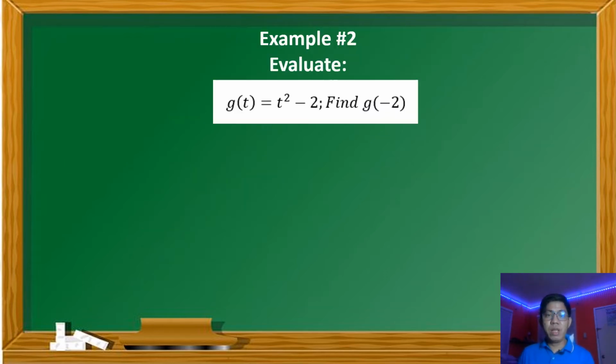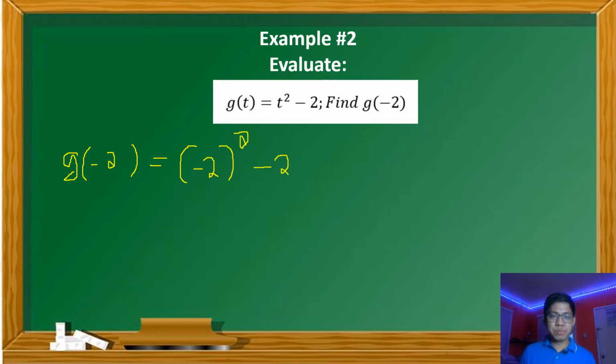Next example, we're going to evaluate g of t is equal to t squared minus t. So, we're going to find g of negative 2. So, let us have g of negative 2 is equal to negative 2 squared minus 2.